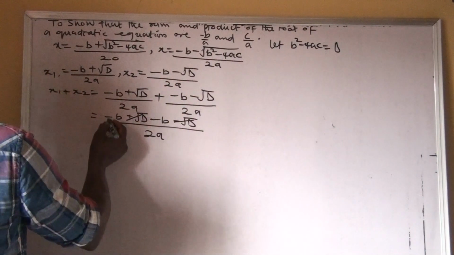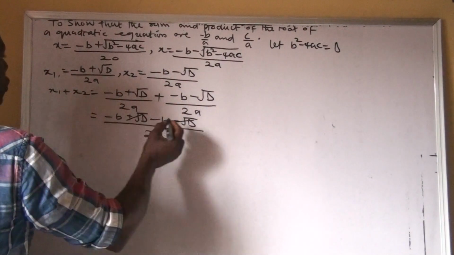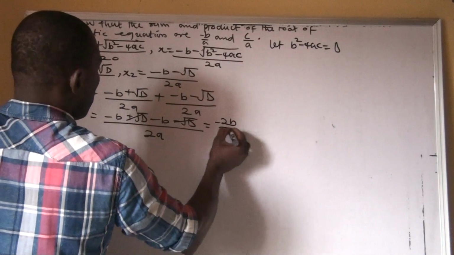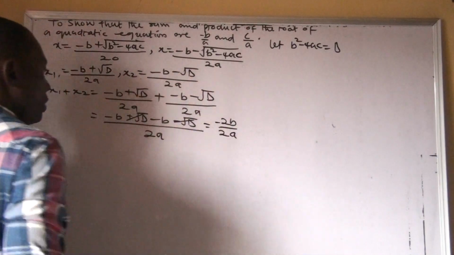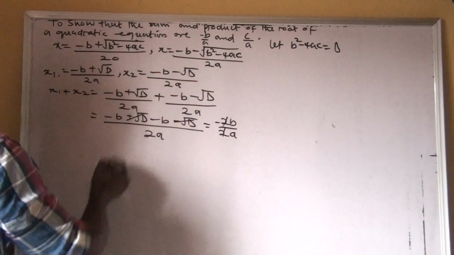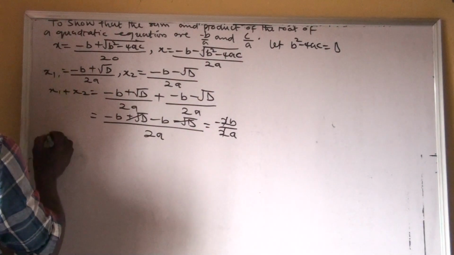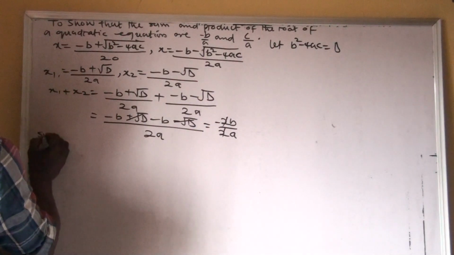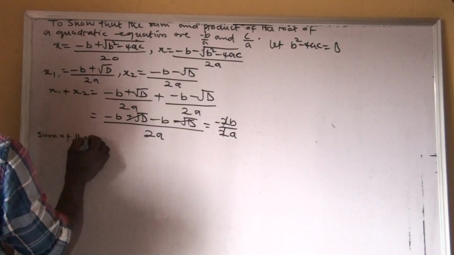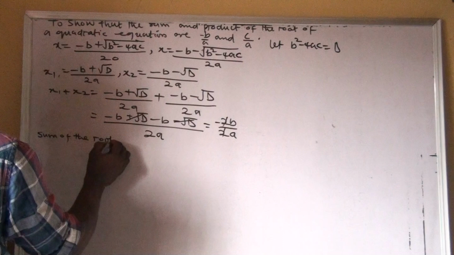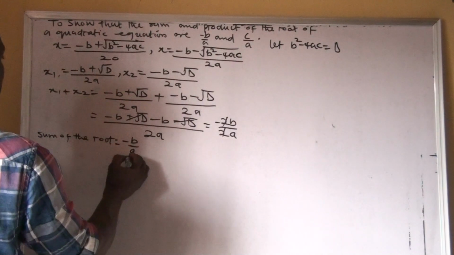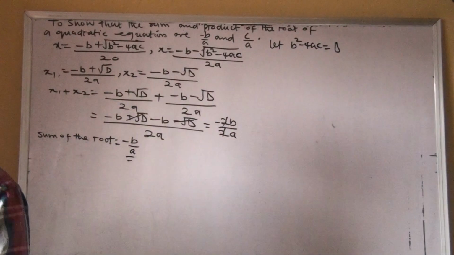I will have minus b minus b, that will give us minus 2b all over 2a. So here the 2 will cancel, and eventually the sum of the roots will become minus b over a.